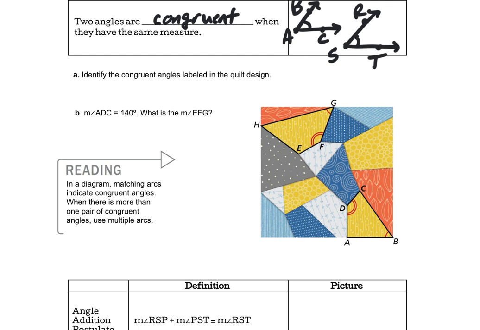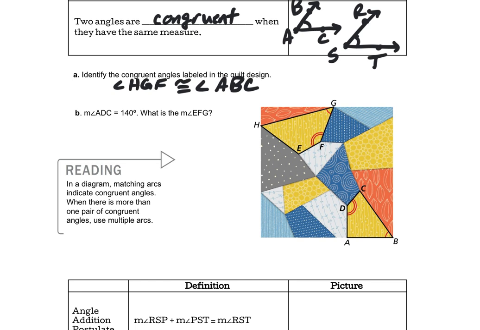There is more than one angle at angle G. So just to be safe, I probably would say angle HGF is congruent to angle, and then we're going to look at the one down here that has the same marking, right? And I could either go CBA or ABC. And we know those two are the same because of the marking, okay? We don't know the actual angle measure, but we don't have to.